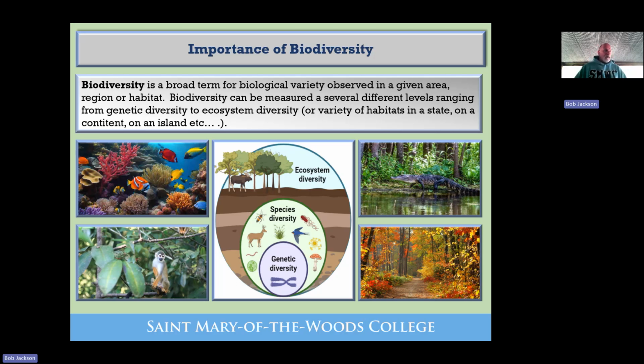That's what makes it more stable, is more biodiversity. But there are different levels of biodiversity that you can look at as well, besides different areas of the world or different states.